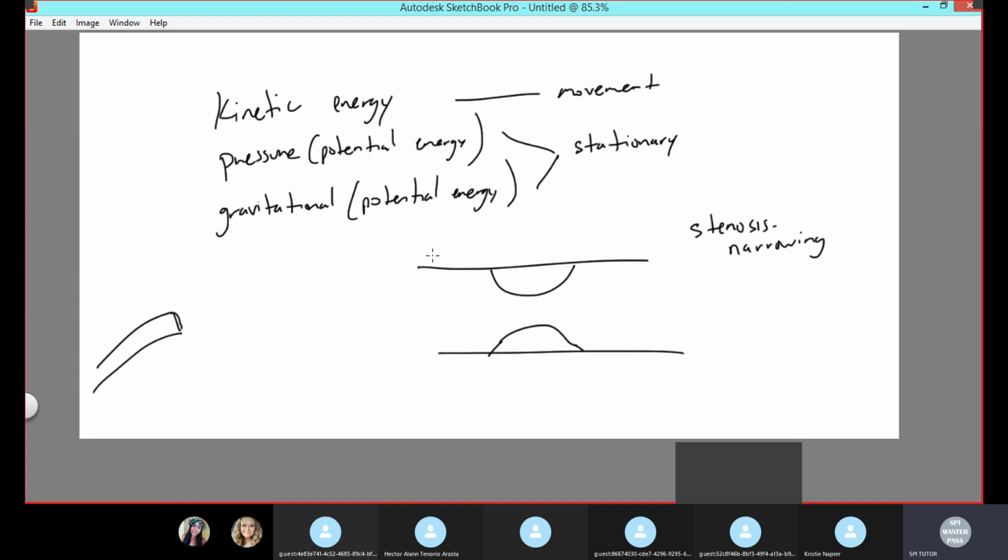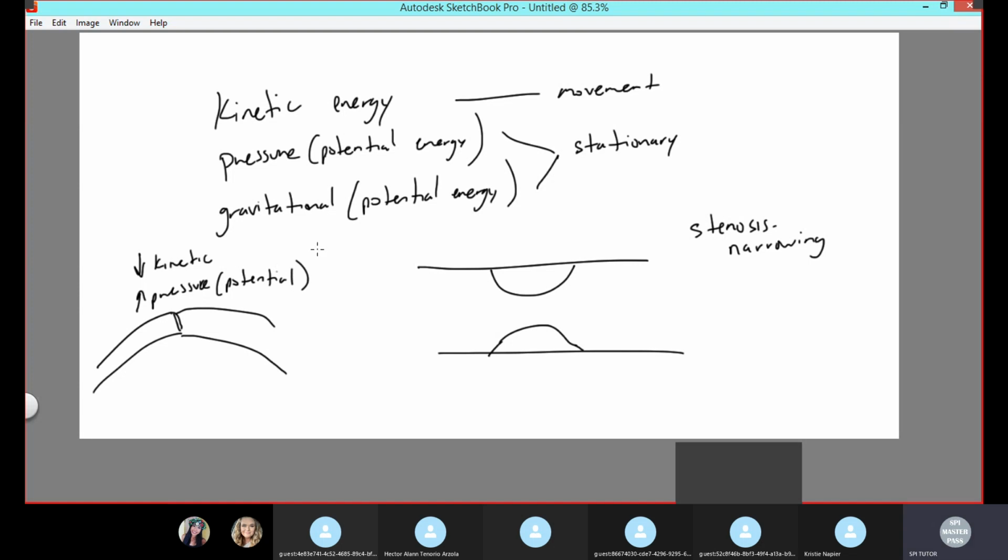Well, what you ended up doing was you ended up changing what energy is being used, whether the kinetic or the pressure. So when you have this water coming out here, this will be considered low kinetic and high pressure, or high potential.